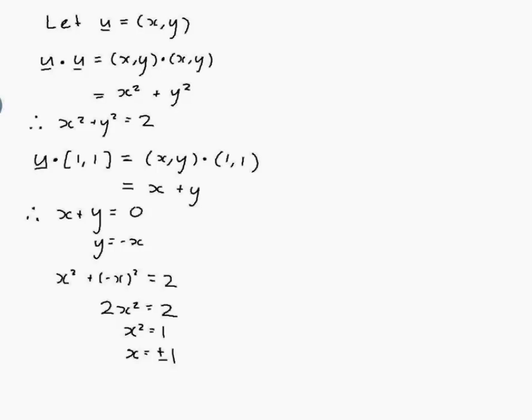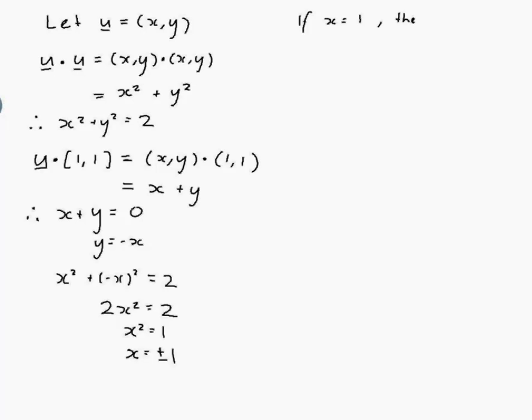Alright, now I can sub this x back into my other equation. It will tell me what y is. So let's do them separately. If x is equal to 1, then y would be minus 1.